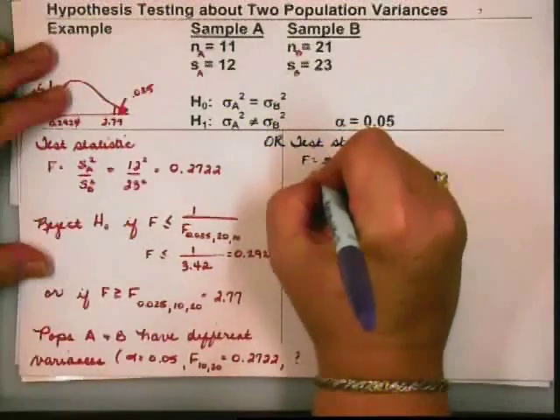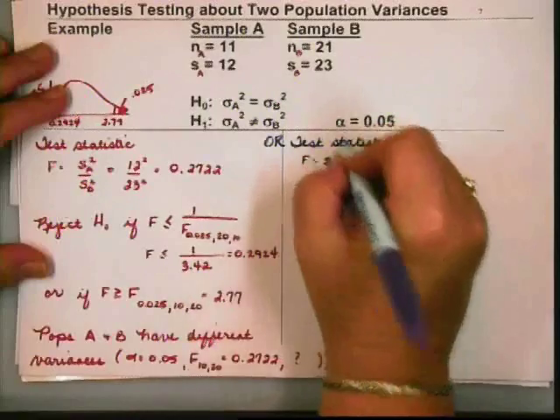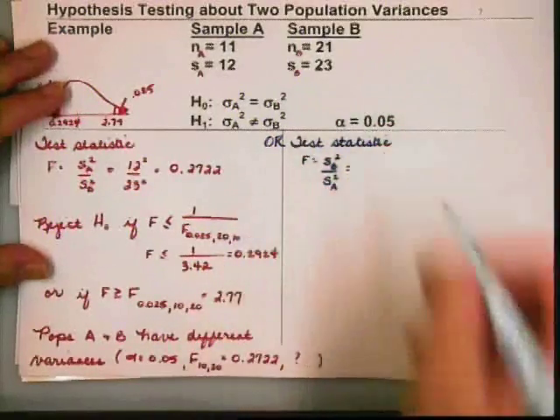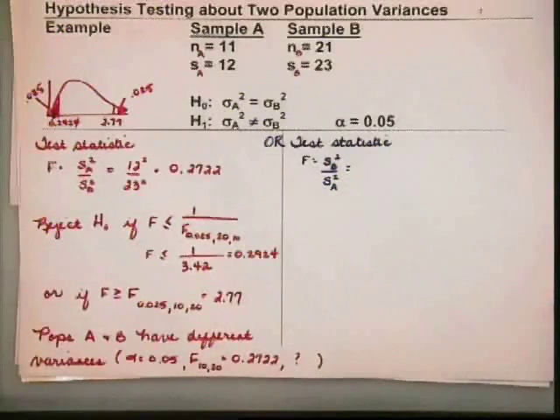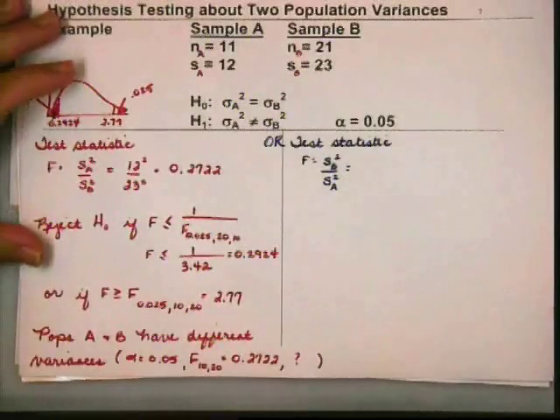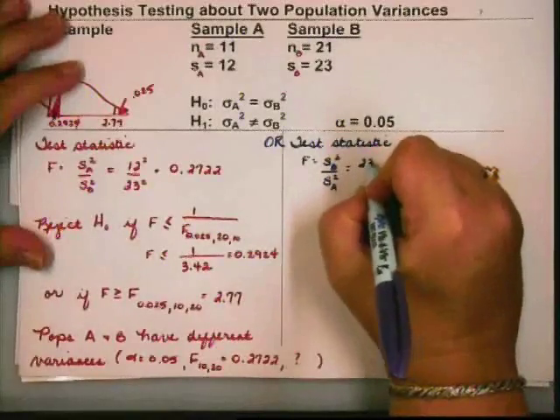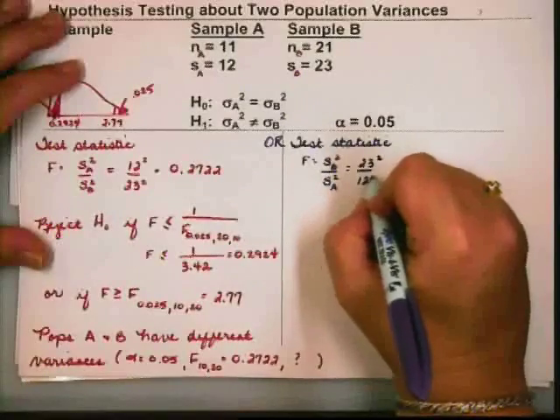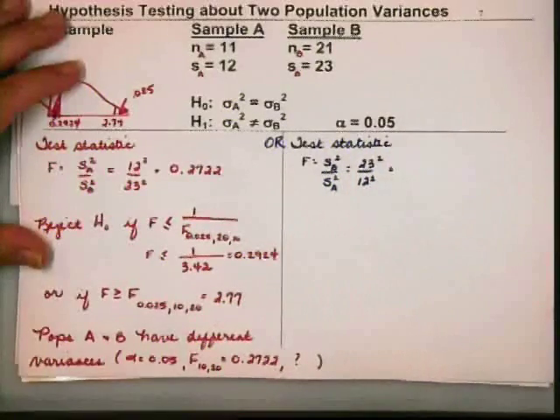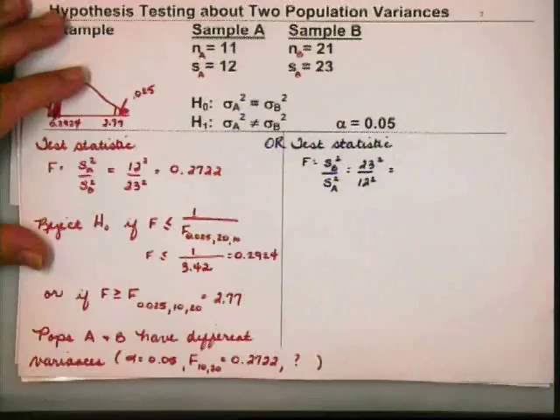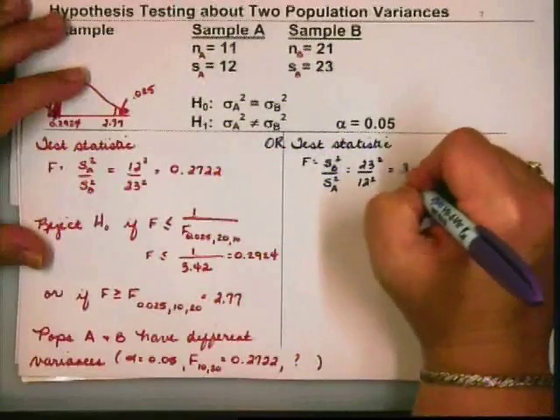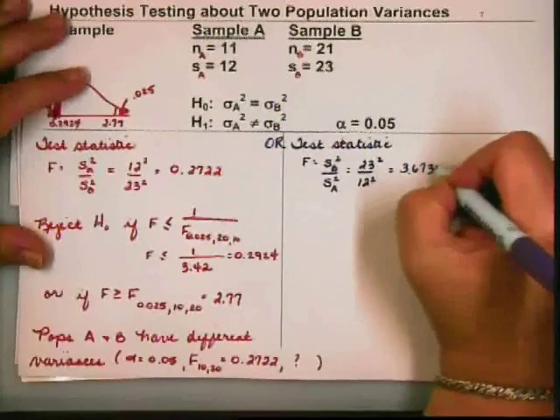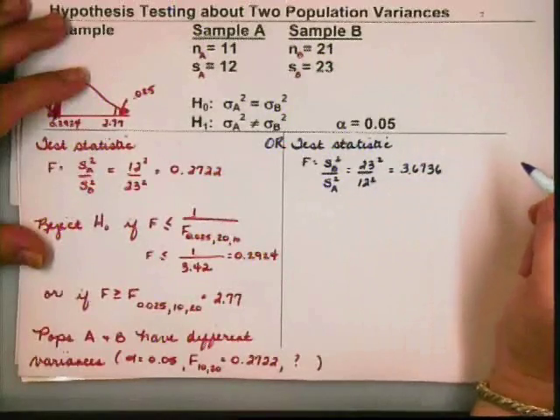F is equal to the variance for sample B divided by sample variance A. So that would be 23 squared over 12 squared, or 23 divided by 12 and square the quotient. And when we do this, we have 3.6736.